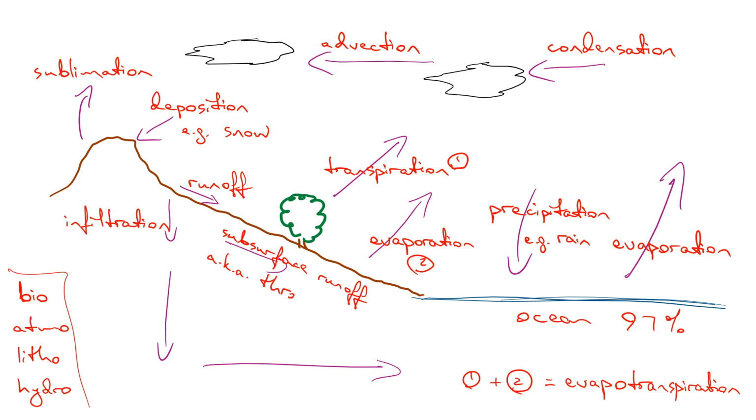Can't really see the arrow anymore, but that's okay. It was there at the start. So runoff is surface water, going from a high elevation to a low elevation. If the water is moving below the surface, we call it subsurface runoff, or you could call it through flow, either or.